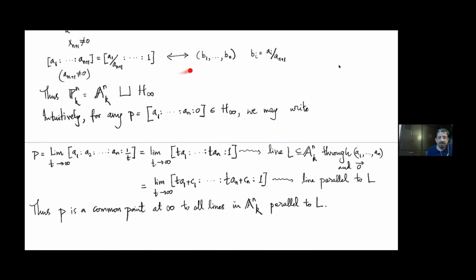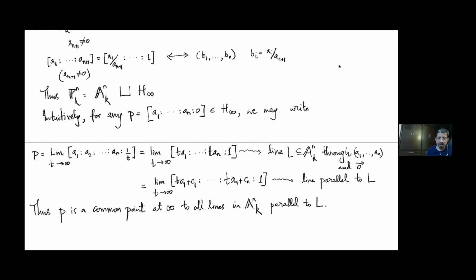I had set up a one-to-one correspondence between the affine space and the complement of H infinity. You can think of these n coordinates as giving you a point in An, and as t varies, you trace a line in An through a1 to an, passing through the origin.